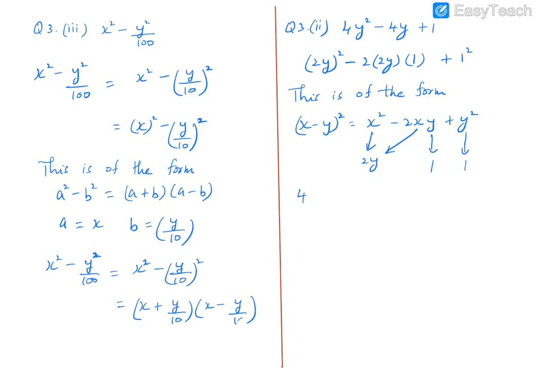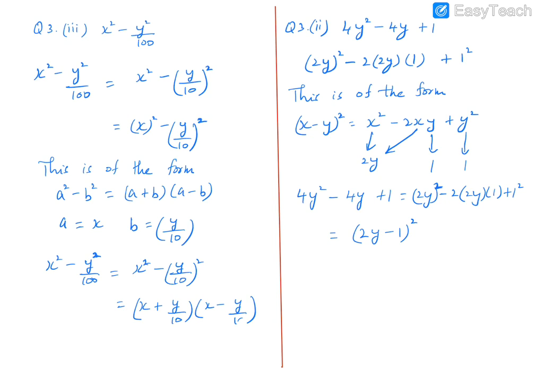So we can write our expression 4y squared minus 4y plus 1 as 2y the whole square minus 2 into 2y into 1 plus 1 square. So this is of the form 2y minus 1 the whole square.